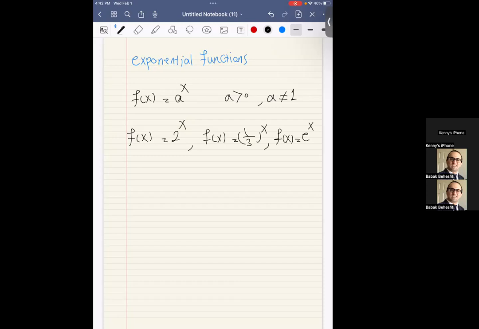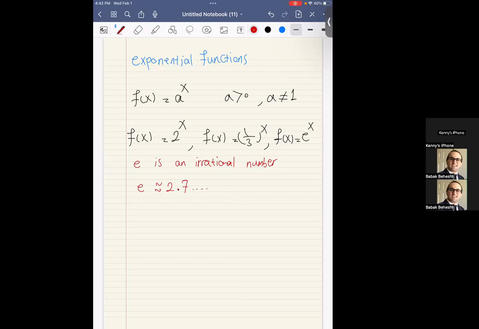Do you know the number e? It could be any number, right? No, e is an irrational number, and its value is about 2.7.